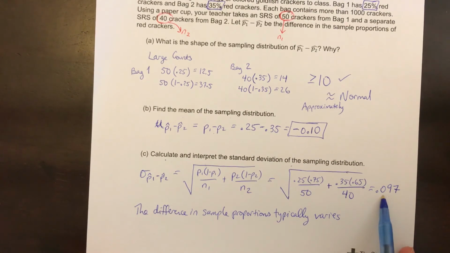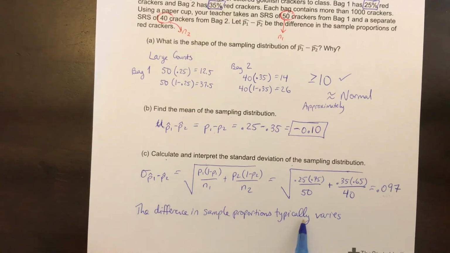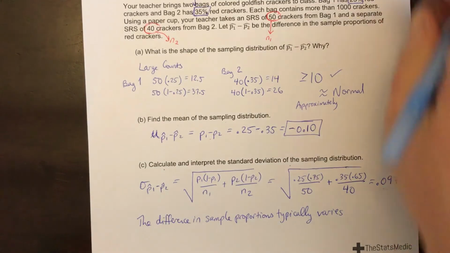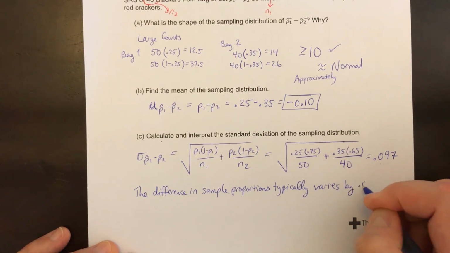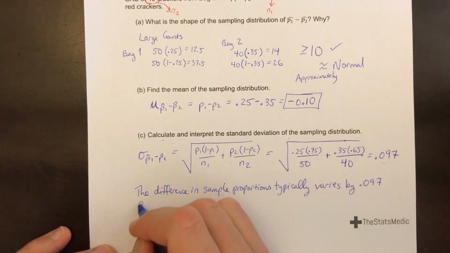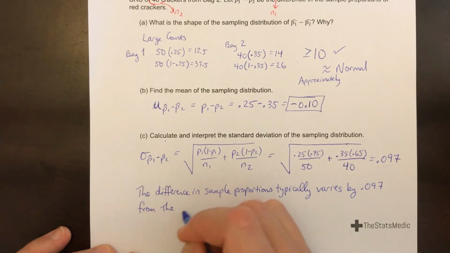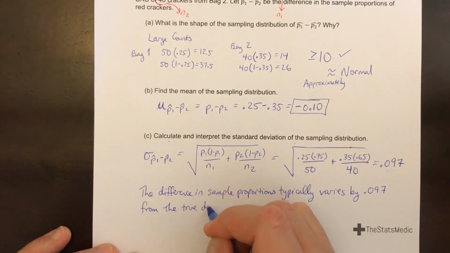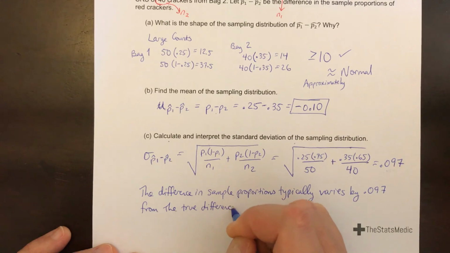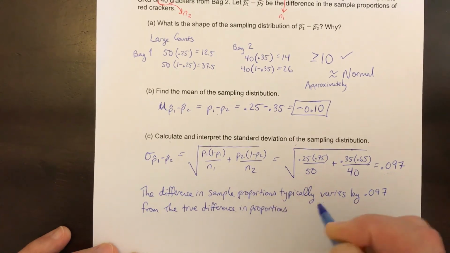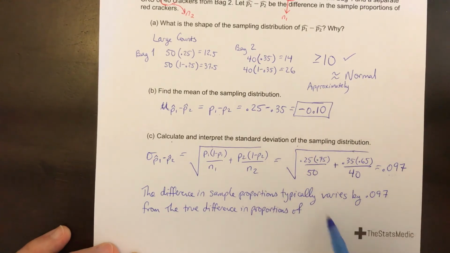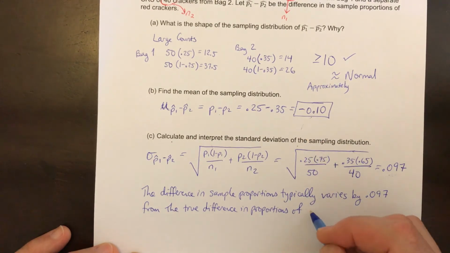What this is that if we do this many, many, many times, the difference in sample proportions typically varies by 0.097 from the true difference in proportions. And remember, the true difference in the proportions is negative 0.10.